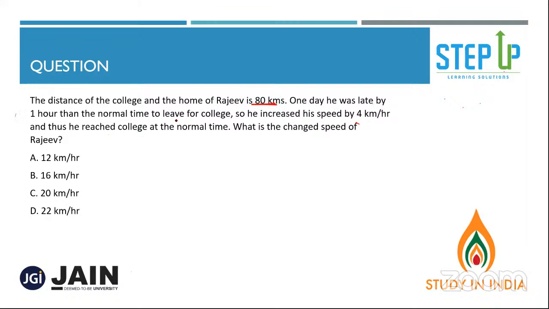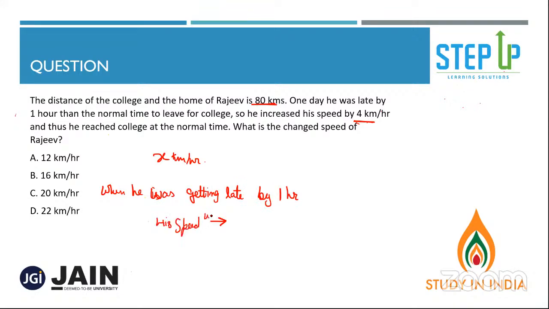One day he was late by 1 hour than the normal time to leave for college. So he increased his speed by 4 kilometer per hour. So can I say earlier his speed was X kilometer per hour? When he was getting late by 1 hour, his speed would be or should be X plus 4 kilometer per hour.